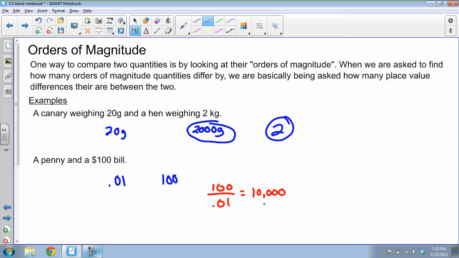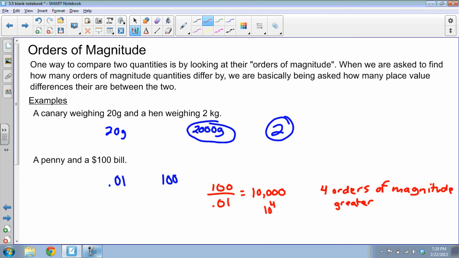Okay, that's what that's telling us. How many zeros are there here? There are 4 zeros, so this is 4 orders of magnitude greater. Okay, 4 orders of magnitude greater, because what is 10,000? It's 10 to the 4th power.